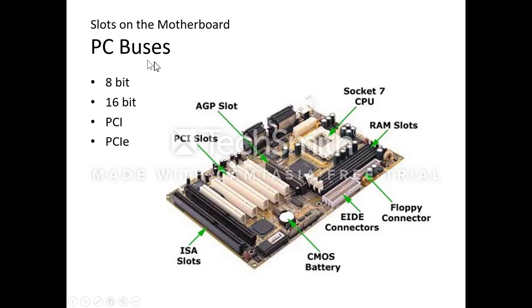There are different types of PC buses, which is evidenced by the different slots on the motherboard. Here is an old Industry Standard Architecture slot, and here is a PCI slot.